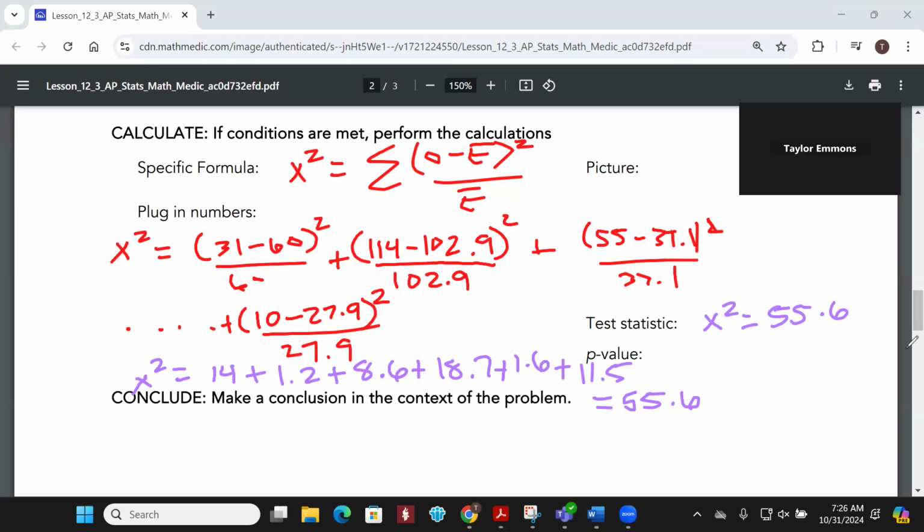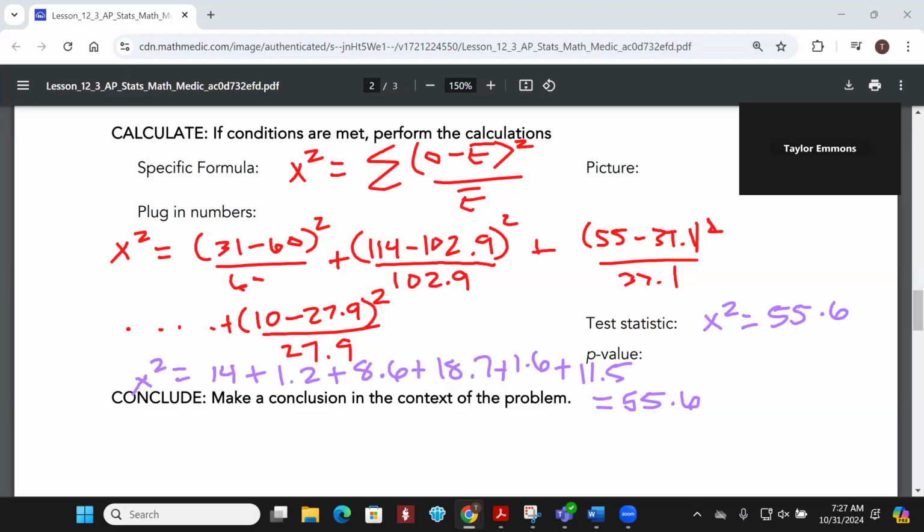Okay, so now we're going to do our p-value. Remember, your calculator does this for you. If you go to your how-to calculator page, you will type in the expected, then the observed, and then hit menu.